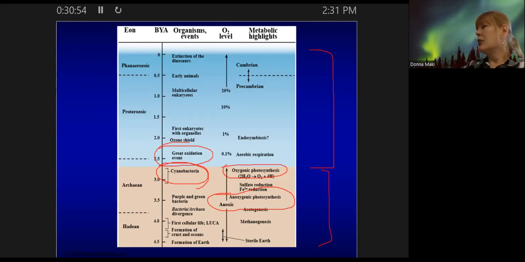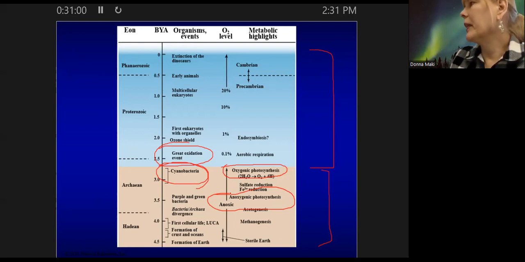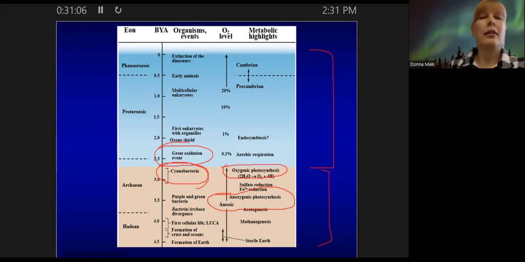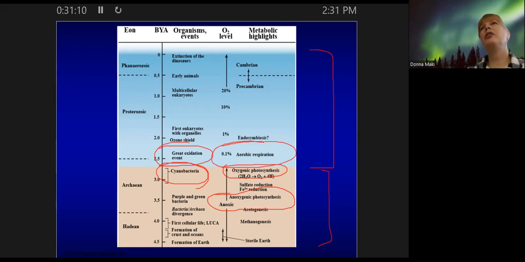So there's photosynthesis out there that is different than how plants do it, for sure. And so then you get that great oxidation event and aerobic respiration, which is what we do. So we have to go through aerobic respiration to make ATP. We have to use oxygen in our mitochondria.